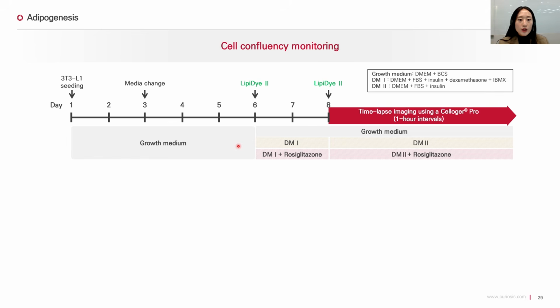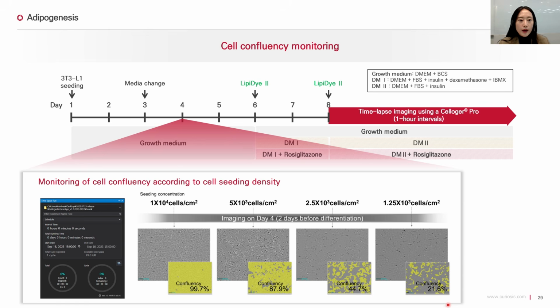Before starting adipogenic differentiation, it is important to confirm that the cells have reached the right confluency. Here, 3T3-L1 pre-adipocytes were seeded at different densities and monitored using CellLogger Pro, which automatically captured images every hour.